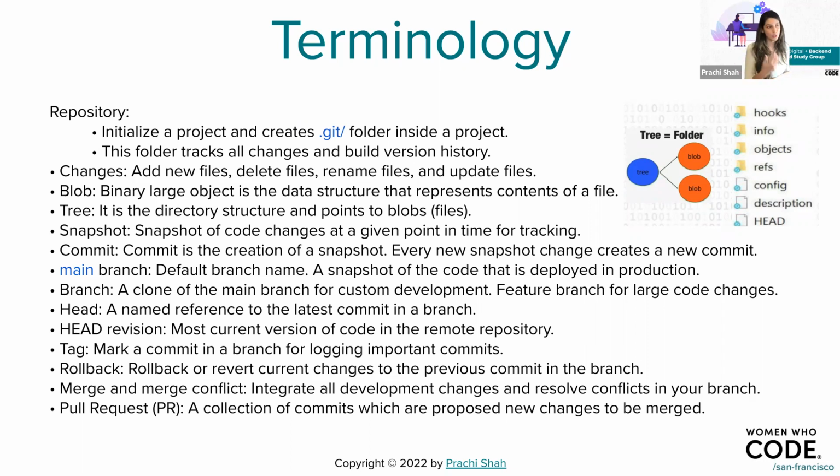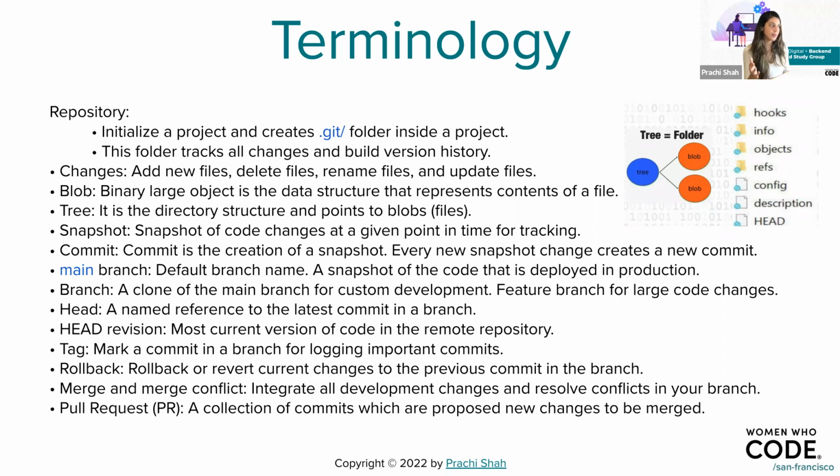Then you make changes to that copy of your code for development, for testing, for bug fixing, or whatever your purpose is. Usually developers call that a feature branch if you're adding new features. You can also call it a bug fix branch, because the whole focus of checking out of the main branch is to fix a bug. So depending on what your purpose is, you would branch out.